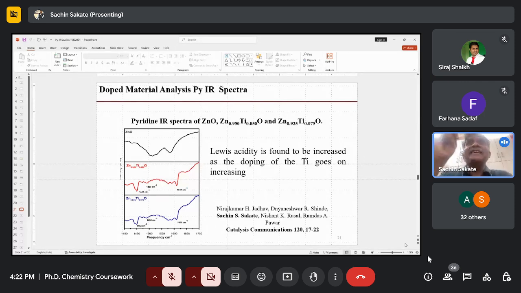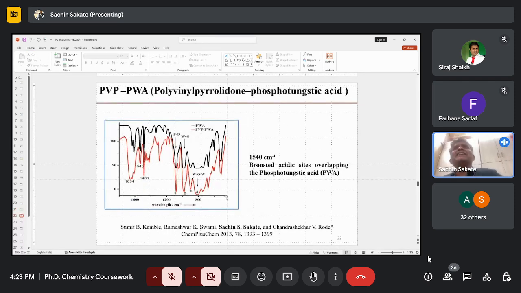You will see that the Lewis acidity is enhanced, and you will see that Lewis acidity is retained also. And that is the idea where pyridine is showing you that titanium is there on your surface. So you can have the analysis giving you the idea that zinc oxide has Lewis acidity, as well as the Lewis acidity is increased with the doping of titanium oxide. So again, the Lewis acidity is found to be increased as the doping of the titanium goes on increasing.